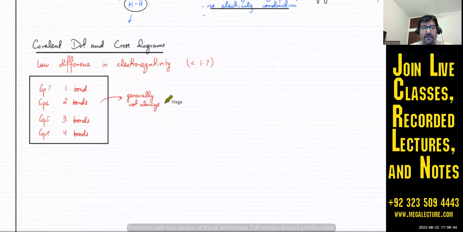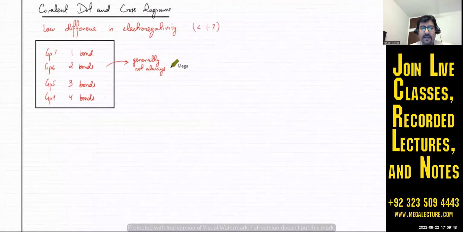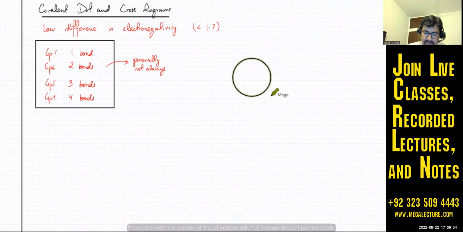Okay, so when you make dot and cross diagrams, group 7 makes one bond, right? So if I have a fluorine atom, remember we're trying to draw dot and cross diagrams. The fluorine atom is in group 7 and it's got 7 electrons already.